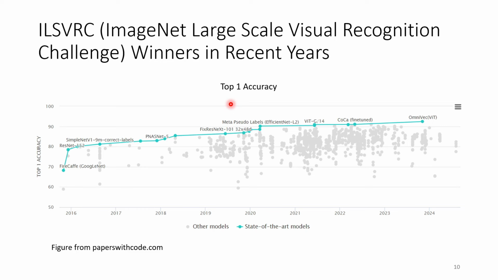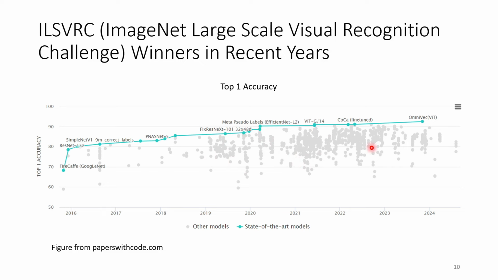So here is the ResNet 152. You can see year by year or month by month, many other teams try to propose better algorithms or improve existing algorithms. The blue circles mean the state-of-the-art method, and you see many gray circles here.